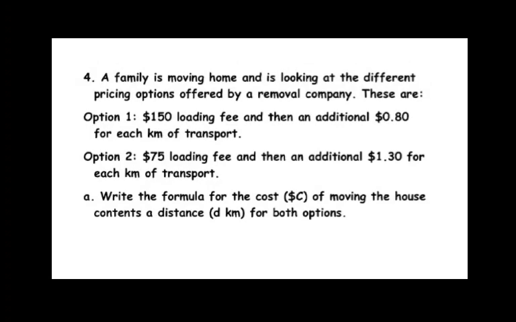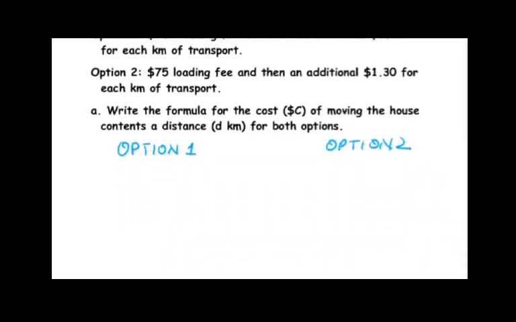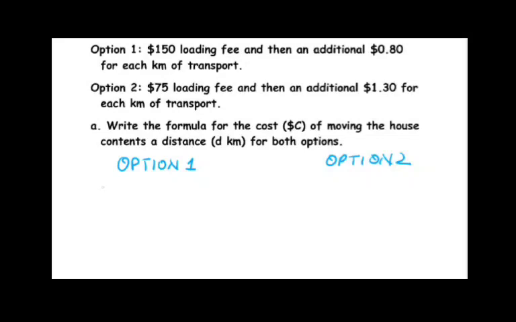So let's start. So our first option is we have to calculate, so I'll just write option 1 and option 2. Alright, let's work this out now. So our cost is equal to the loading charge, which is 150 plus the kilometer charge. Okay, so 0.80 for every distance of kilometer covered.